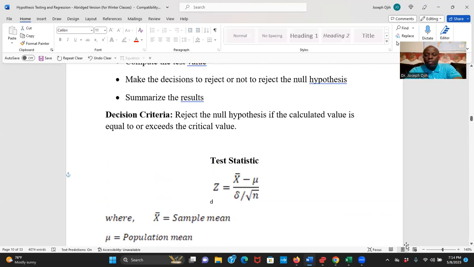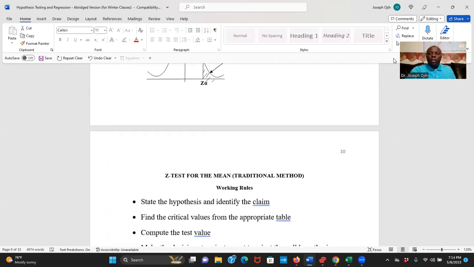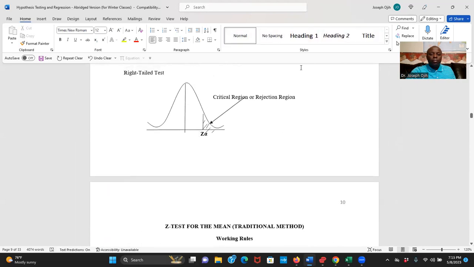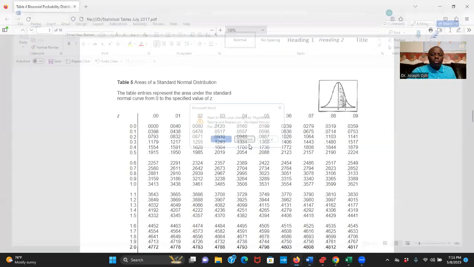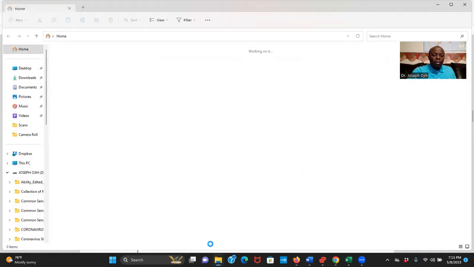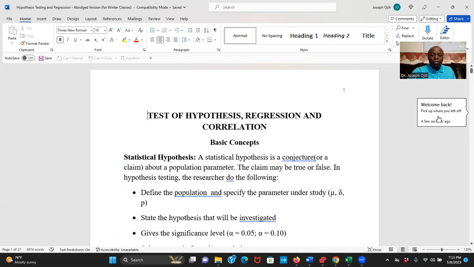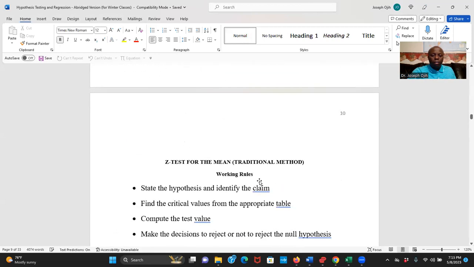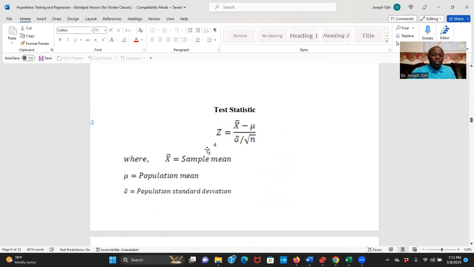I wonder why it's doing this. Okay, is it because I increase it? Okay, let me open it again. I gotta open this again because it will be giving us trouble if I don't. Open a new one. Hypothesis testing. Good. For some reason, if I come to this site, it will not allow us to go in.